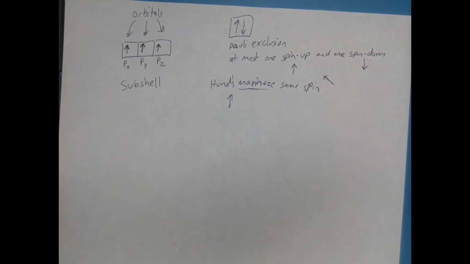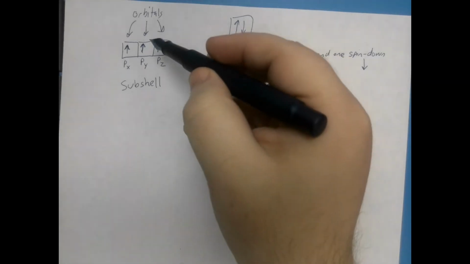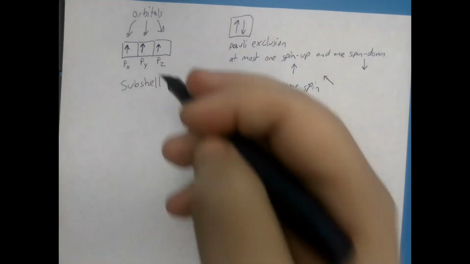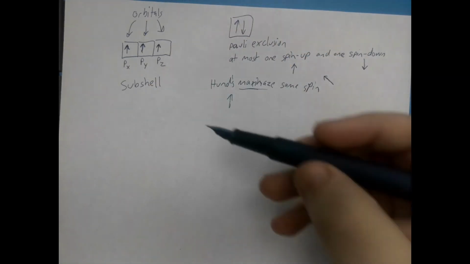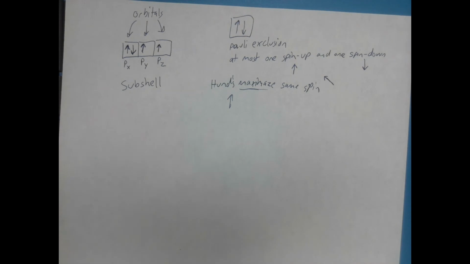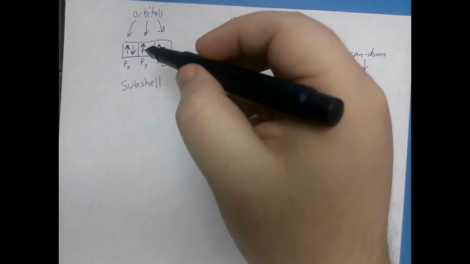If I were to add a 4th electron, well, no more up electrons can go into the subshell. The Aufbau rule says that we're going to continue filling this energy level. And so I'll have to add a down spin electron there.